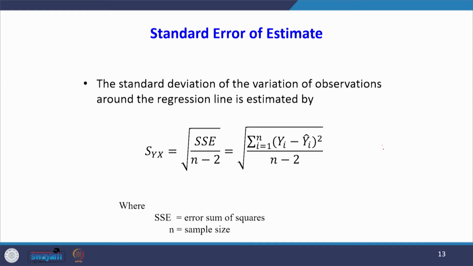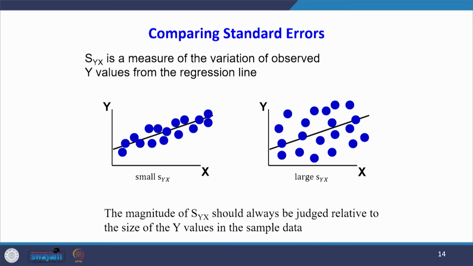Actually, it is n minus k minus 1, where k represents the number of independent variables. In our example, the independent variable is the square feet of the land. We already explained how to find SSE as the sum of (yi minus y hat) whole square, divided by n minus 2, where n is the sample size.